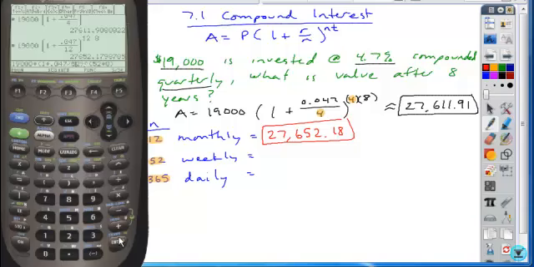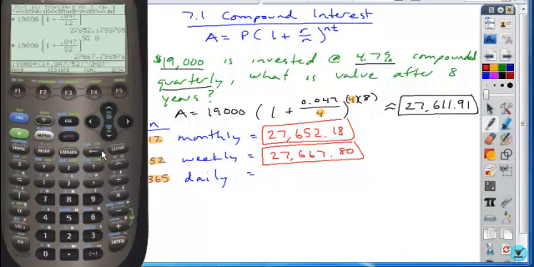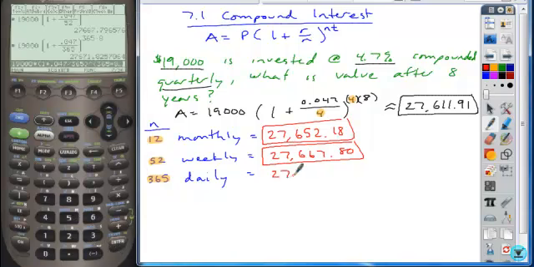So I just have to change the digit, and I get the new value, 27,667.80. Again, it's a little bit higher. What if I do it on a daily basis? If interest is calculated every day, we change these 52s into 365 and calculate it, we get 27,671 and 83 cents.